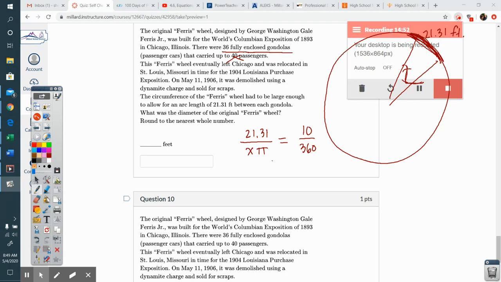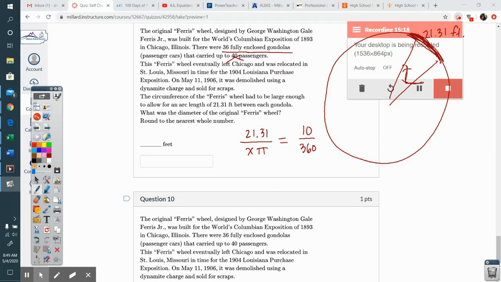So you want to figure out your x. First take 21.31 and divide by pi before you multiply, because I want my x alone, and pi is just a number. So 21.31 divided by pi gets you 6.78, rounded.